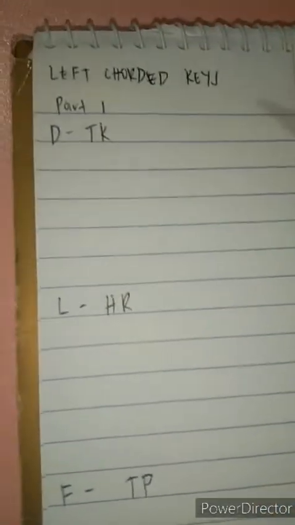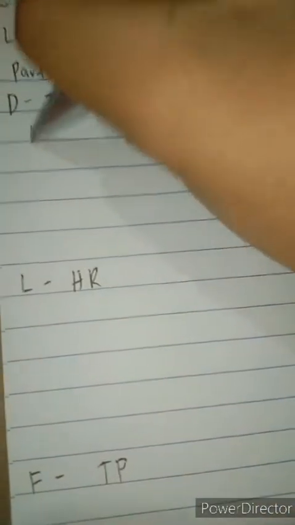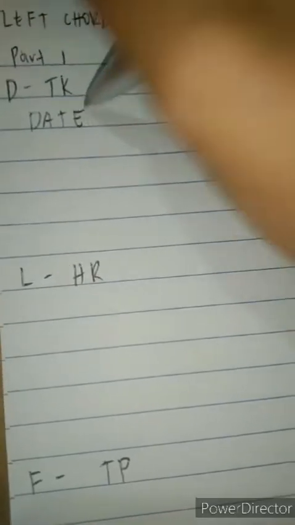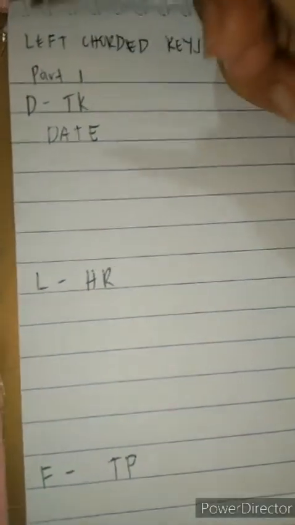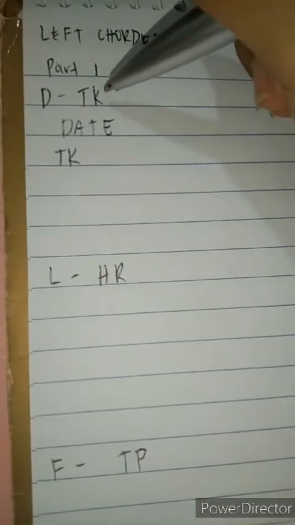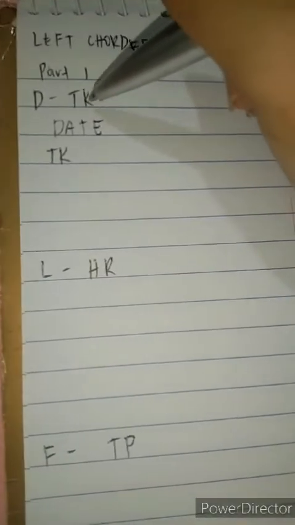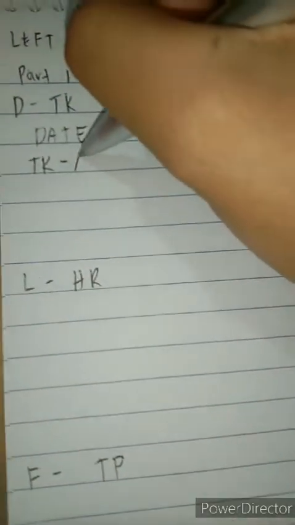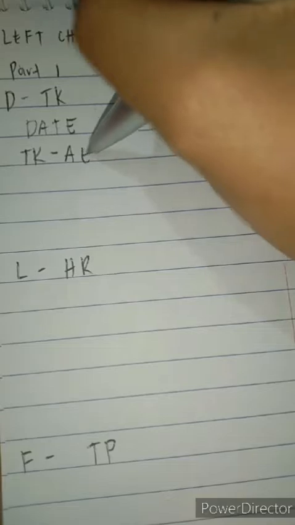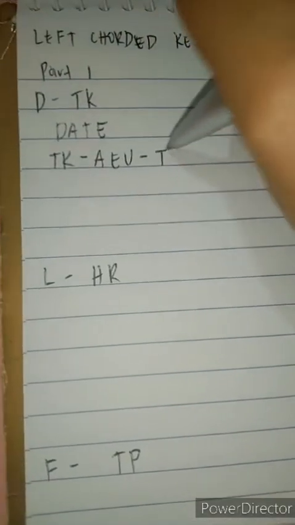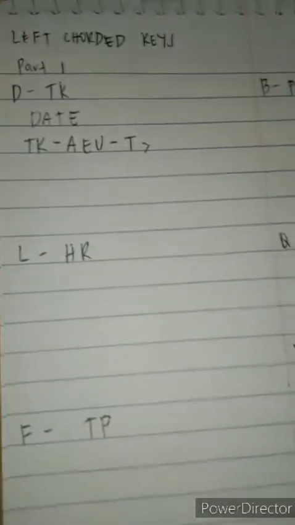Let's give an example. The word date. So, the word date, we write it with T and K, which represents the letter D. And then, long A, AEU, and then T, and then release.